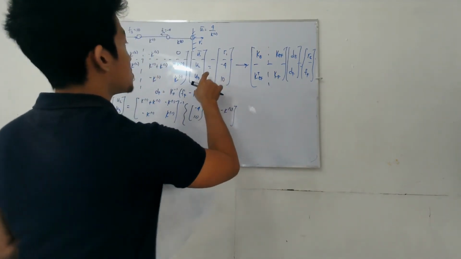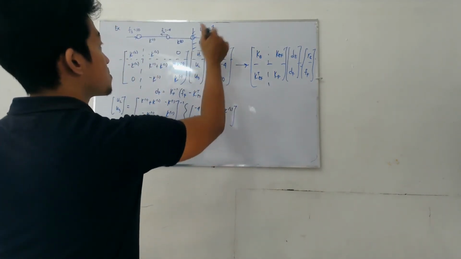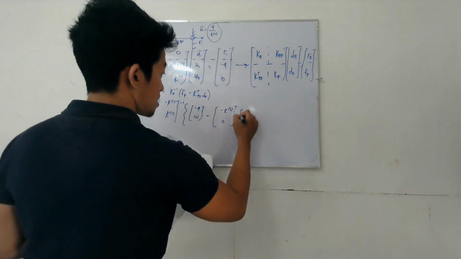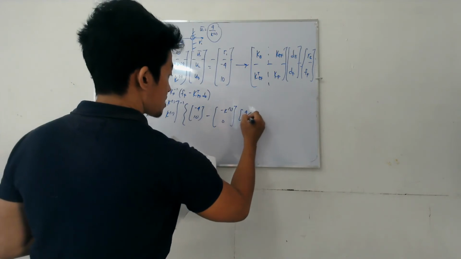Ang DE nimo is U1, which is kani. Right? So mahimo ning 4 over K2.